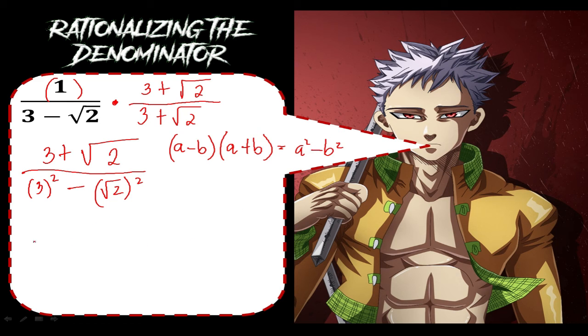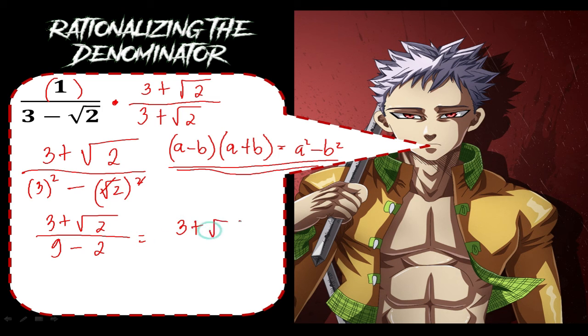That is why we can have 3 square minus the square root of 2 square from that rule. Okay, sum and difference of two binomials. We can have 3 plus square root of 2 over 3 square, that is 9, minus 2. Our final answer for the simplified form of that expression is 3 plus square root of 2 over 7.